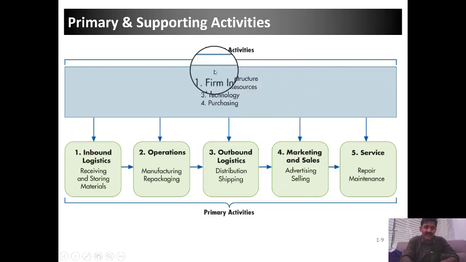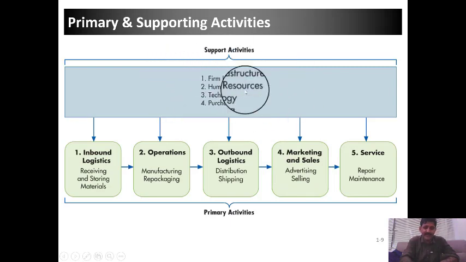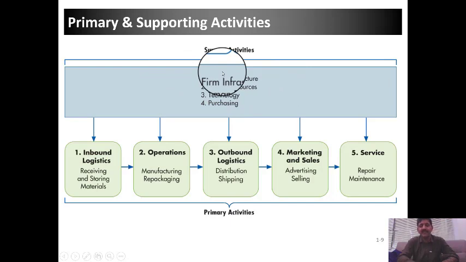Now there are some supporting activities. Firm infrastructure means the office of the business, the building of the business, and other requirements of the business. Human resource is hiring human resource, another activity in the business.